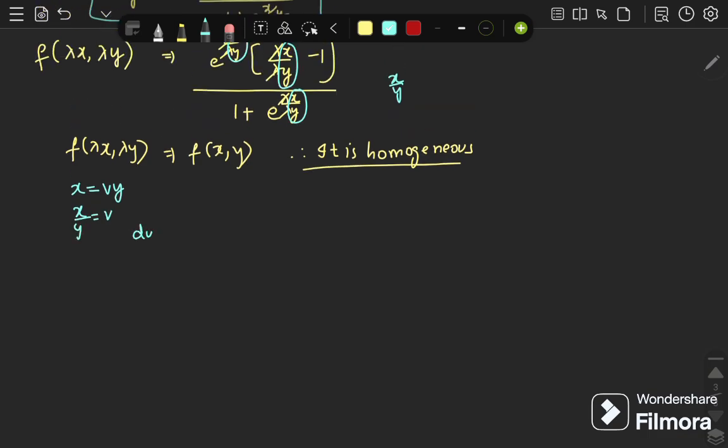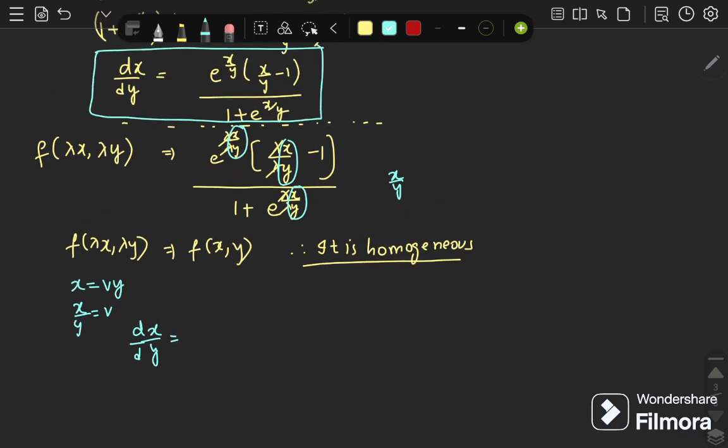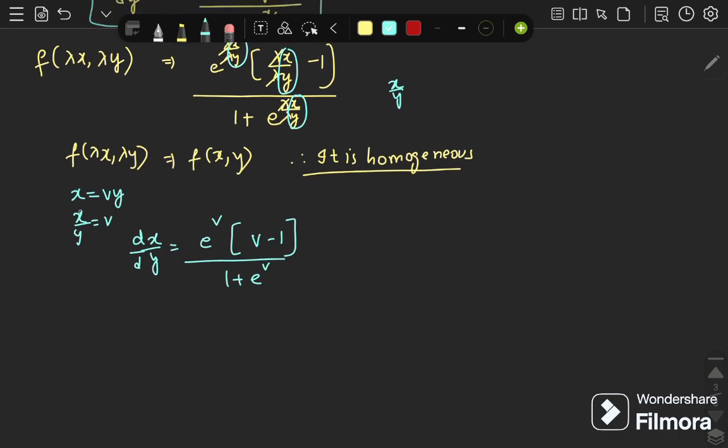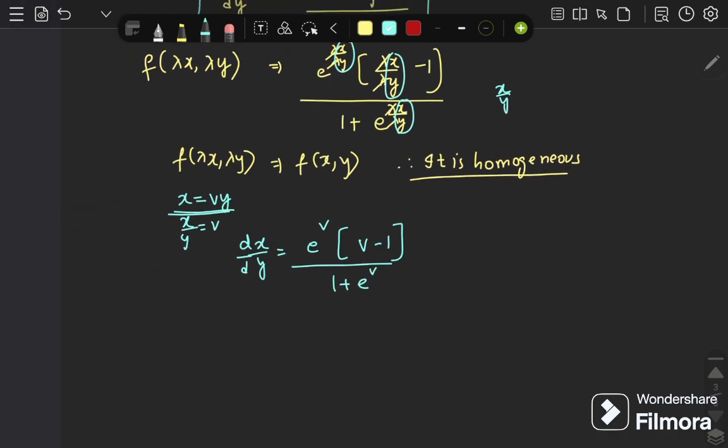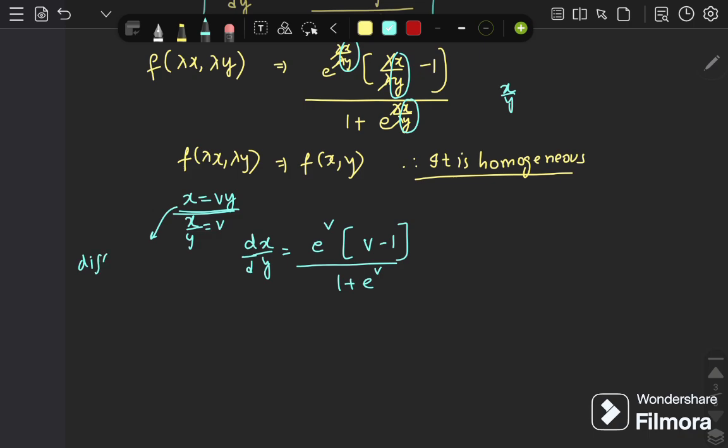So in the equation we have dx/dy equals e^v (v - 1) divided by (1 + e^v), where instead of x/y we put v. Now from x = vy, let's say I am differentiating with respect to y on both sides.